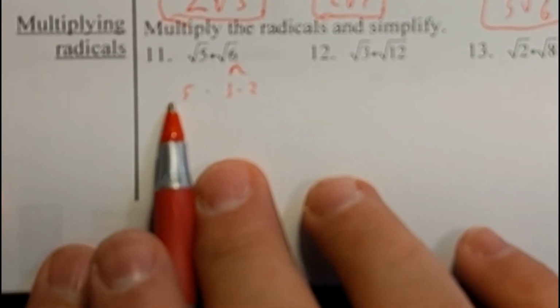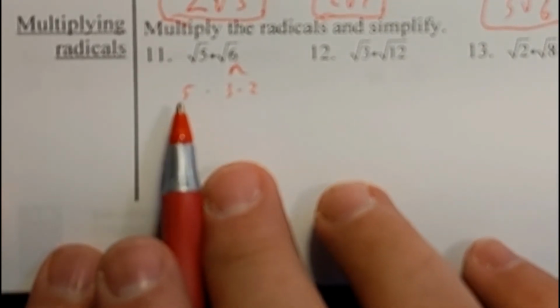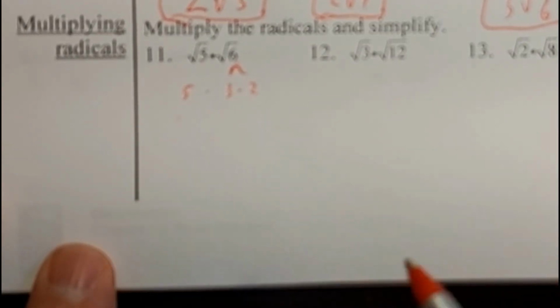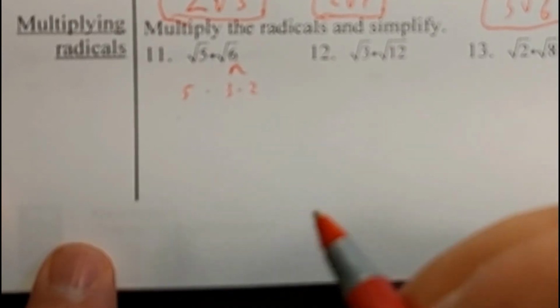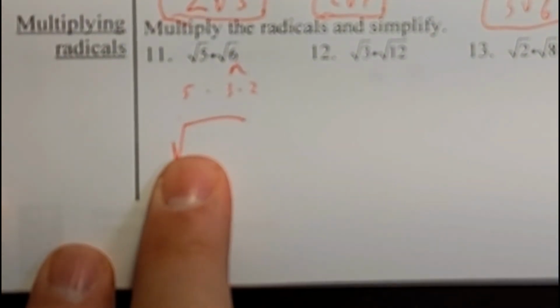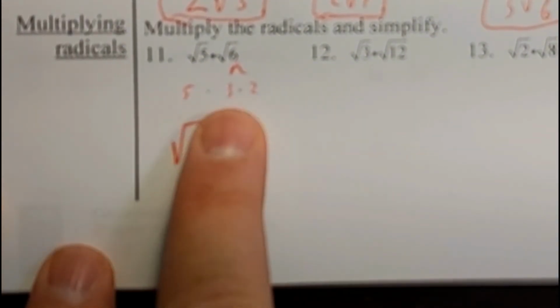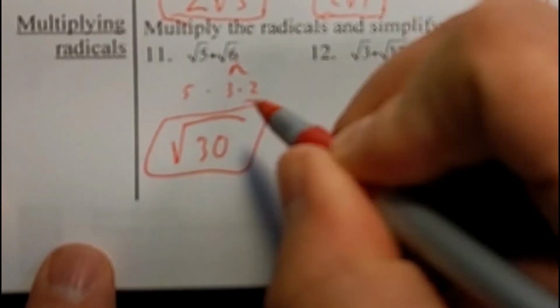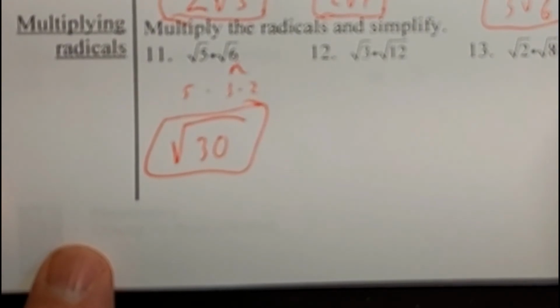Even with all of these factored out, the 5, the 3, and the 2 don't have any pairs. So that means that all of these just get multiplied together, and they're going to stay inside of the radical sign. So 5 times 3 is 15. 15 times 2, we're up to 30. That would be your simplified radical form for your answer.